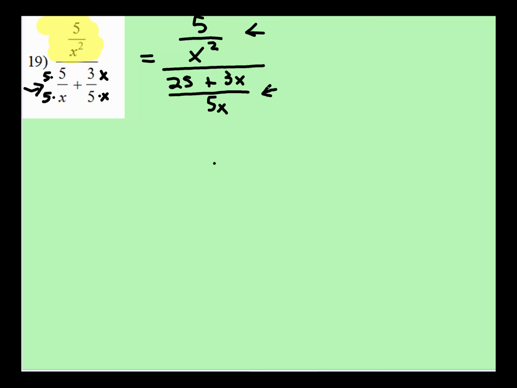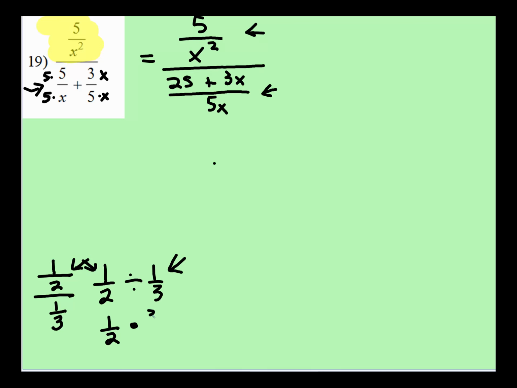So remember, when you divide a fraction, if we say 1/2 divided by 1/3, remember, dividing fractions, here's another way to write it: 1/2 divided by 1/3. These two things mean the same. Well, when you divide a fraction, you change it to multiplication, and the second fraction you flip.